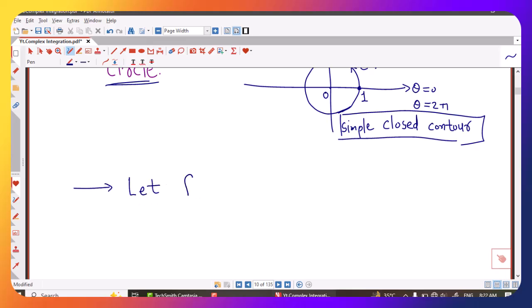First we denote the given function by z bar, and we can write that the given contour or curve is the unit circle.